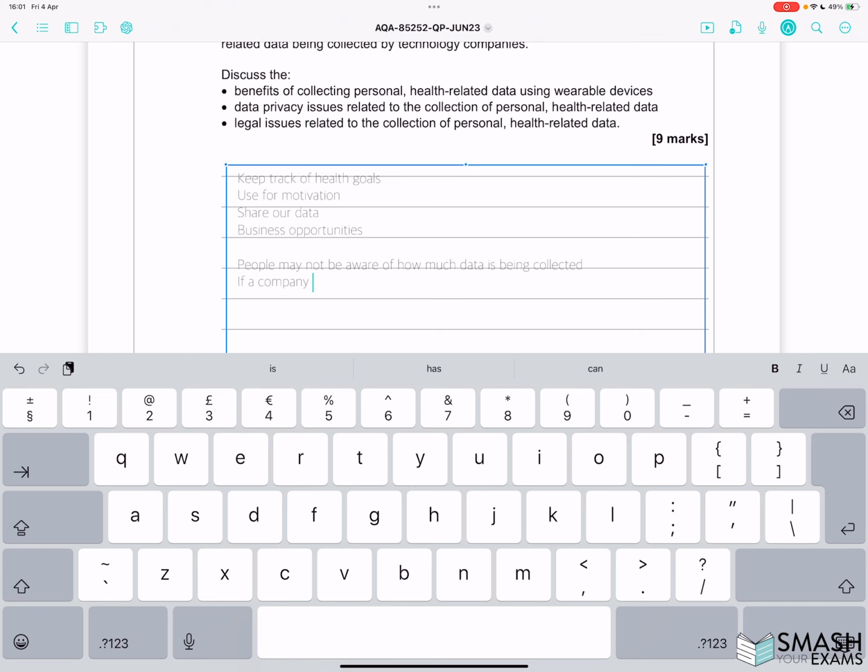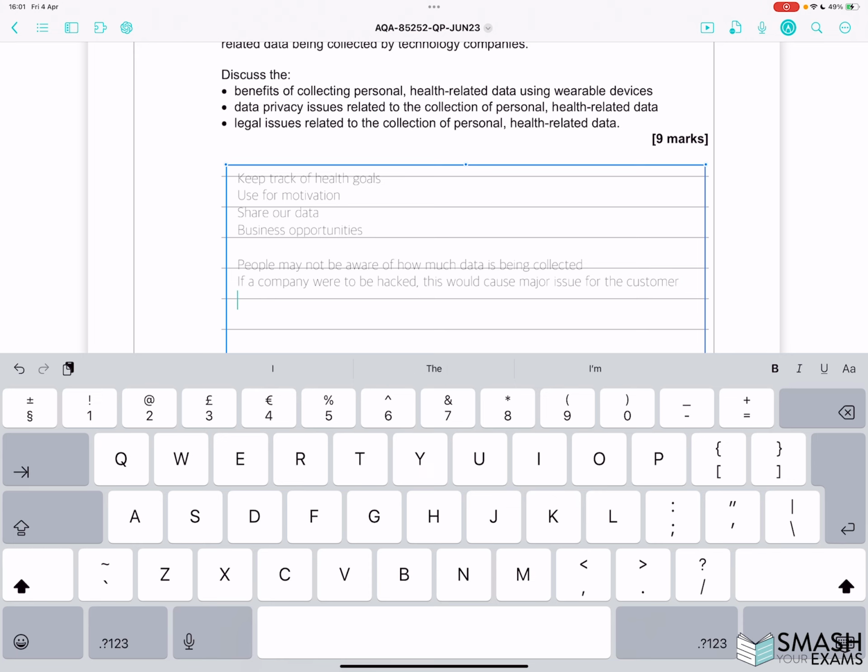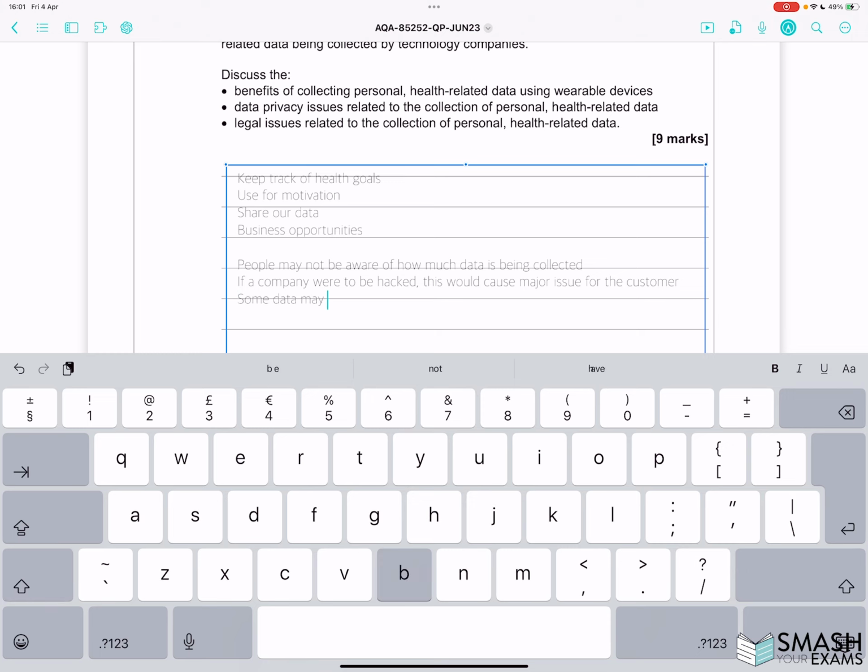If a company were to be hacked, this would cause major issues for the customer. There's lots of other things we could say as well. I guess some people might find some data may be sensitive or embarrassing for some people, potentially. And there's lots of other things. I'm just coming up with ones off the top of my head here.